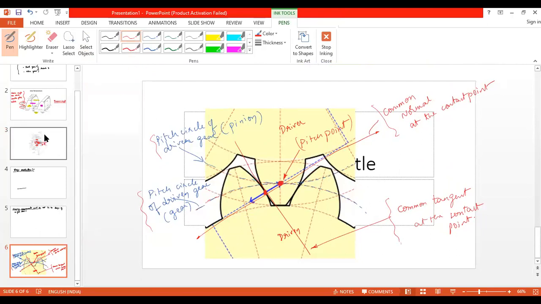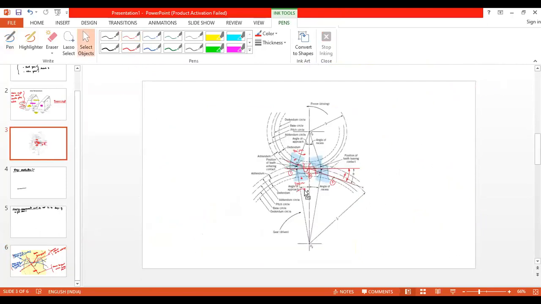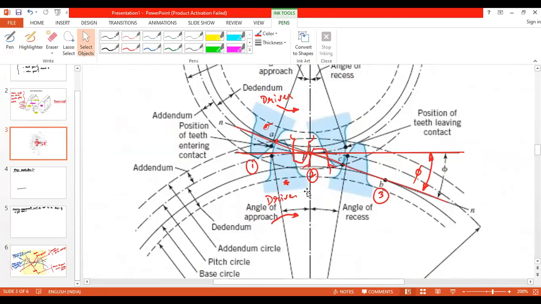Okay, so the pressure angle can be defined as the angle between the common normal and the common tangent at the pitch point, or it can be defined as the angle between the line of action and the line passing through the pitch point is known as pressure angle.